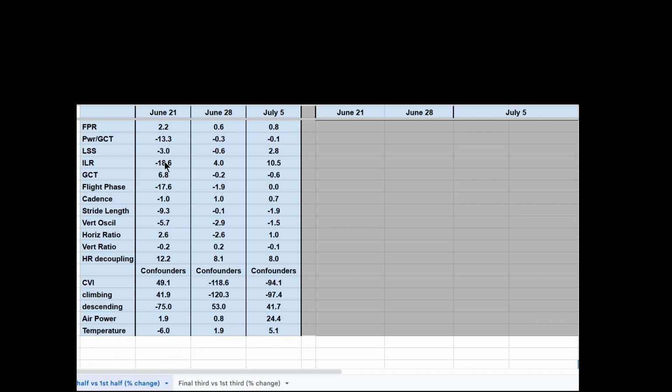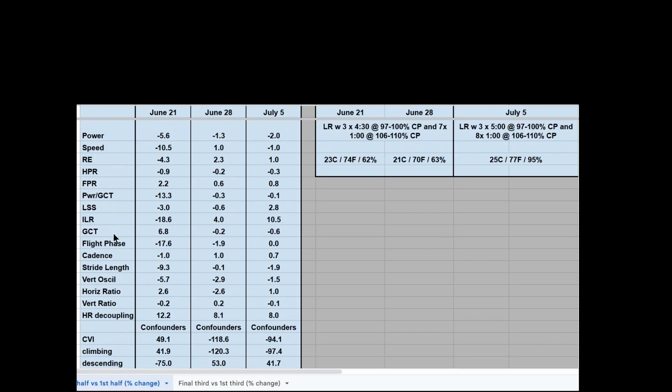More descending, impact loading rate is going to be higher. More climbing, impact loading rate is going to be lower. So these are confounders for what we saw with impact loading rate. So it eliminates the capacity for impact loading rate to tell us much about fatigue because of the route in this case, climbing versus descending.